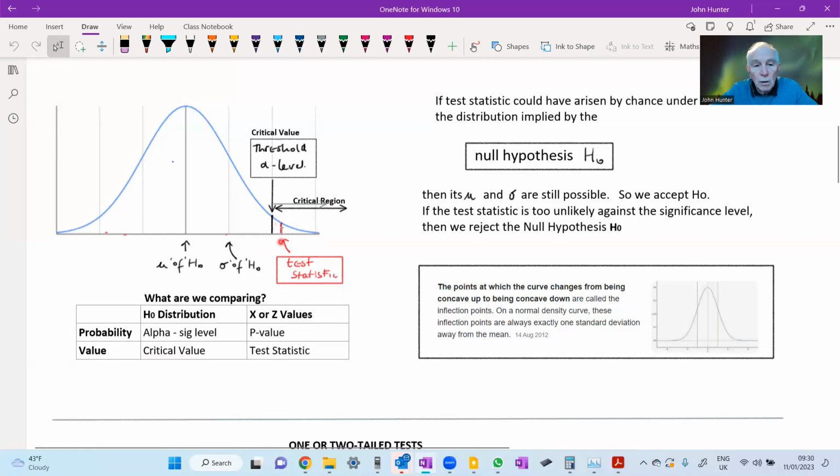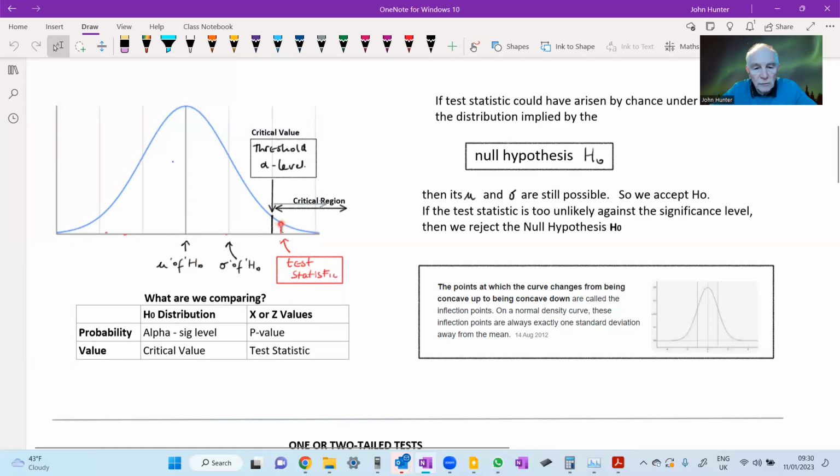So if it's so unlikely, then we're disinclined to think that this is actually the mean. And maybe, if it is a normal distribution, the mean is further to the right than that. Okay, so that's the idea.